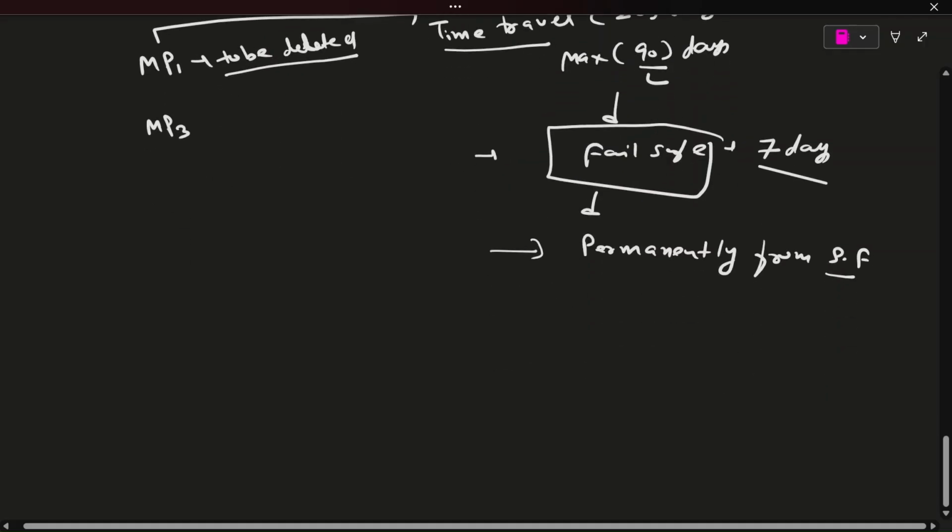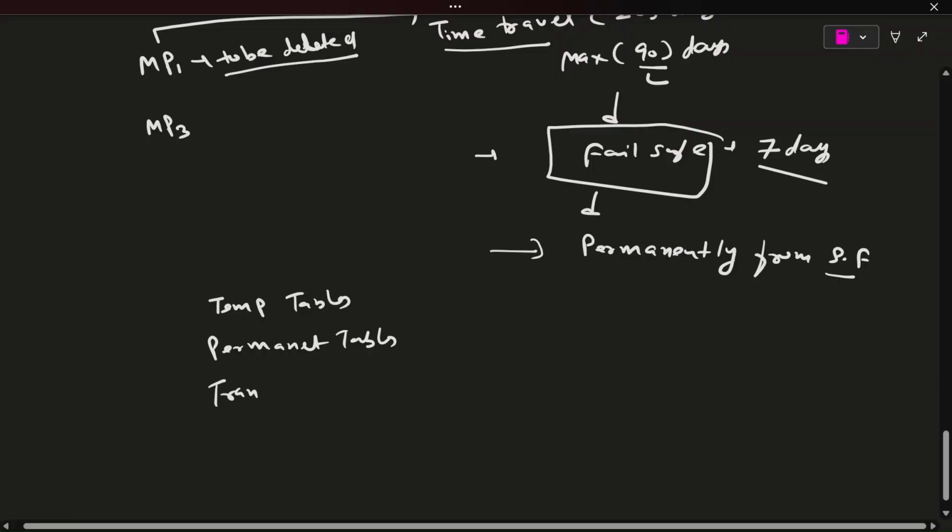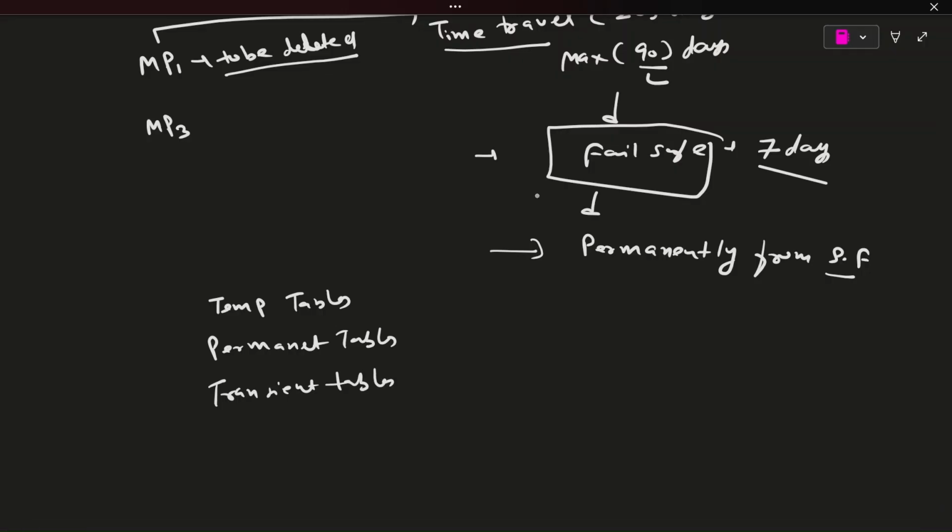Okay. Now, since we are covering time travel and fail safe, if you see, we have temporary tables, we have permanent tables, and we have transient tables. Got it? For this temporary table, there is no fail safe, and they are session specific.